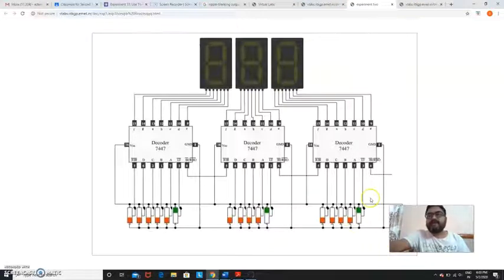Right, now if I start counting over here, or if I give the BCD input from the least significant decimal digit, I will get the display directly. Initially the counting will start from 1, 2, likewise. Okay, this is normal counting.